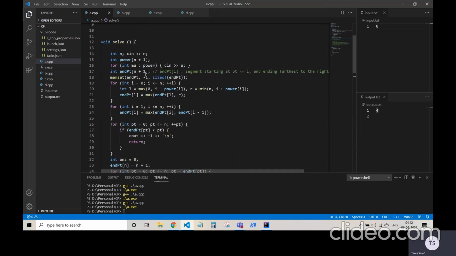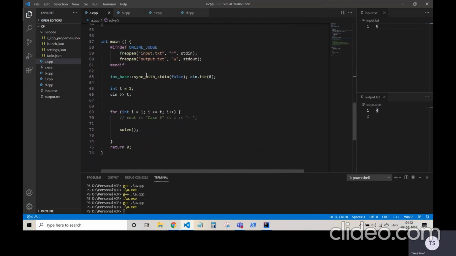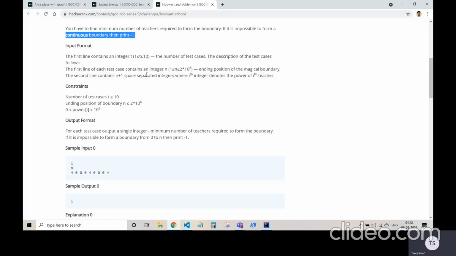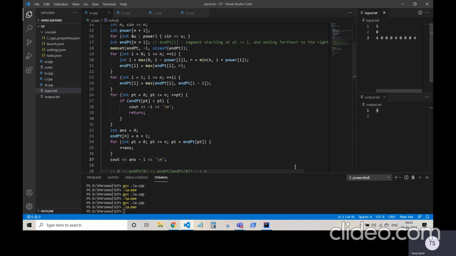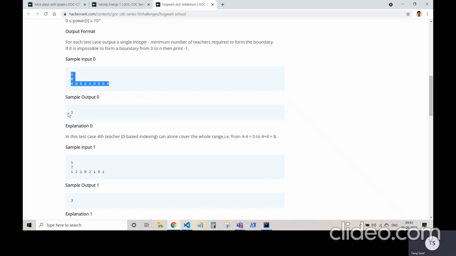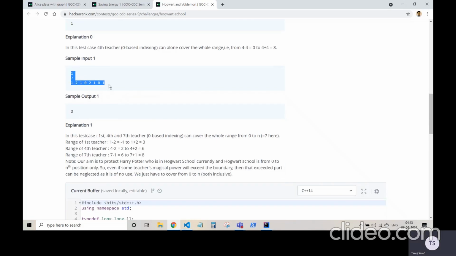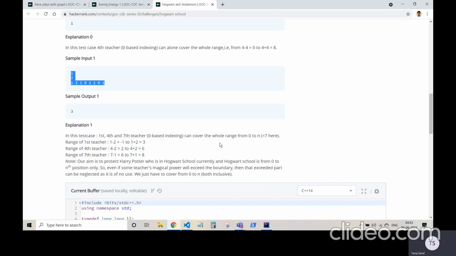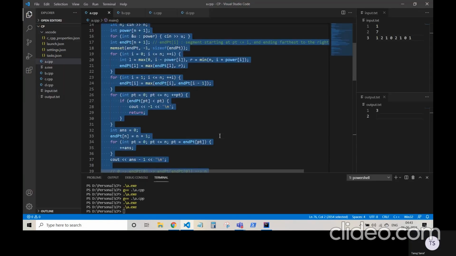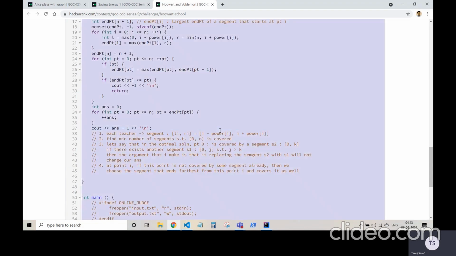So I hope this solution is clear, and so let's run it on the sample input and then we will submit it. One jump, and that is correct. And test case two, we're good to go, and let's submit this.